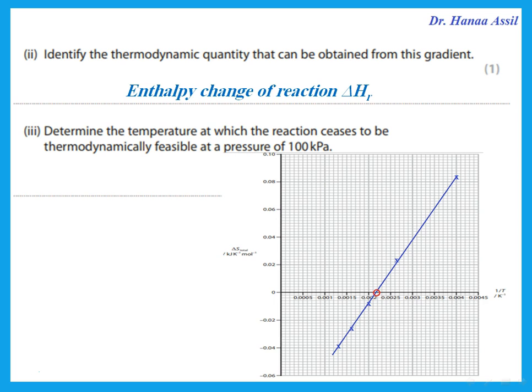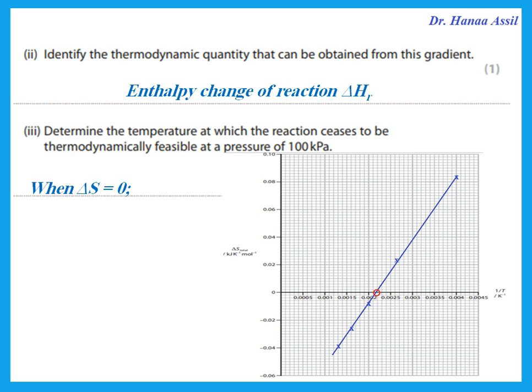Remember, a reaction will no longer be feasible if delta S total equals 0. So if the delta S total is 0 or negative, then the reaction is less feasible, or it stops being feasible. So whenever he says the temperature at which the reaction ceases to be thermodynamically feasible, that means I'm looking at delta S total equal to 0.